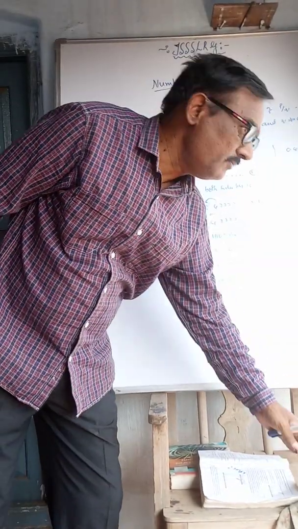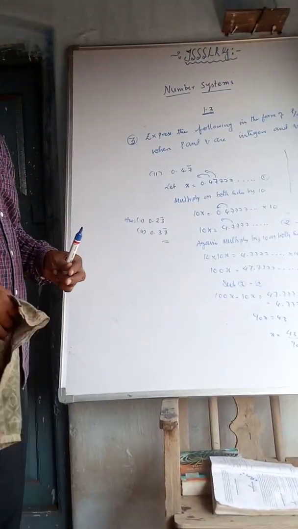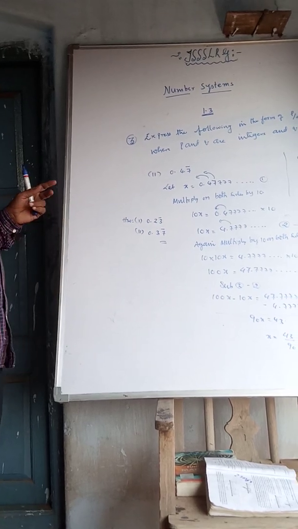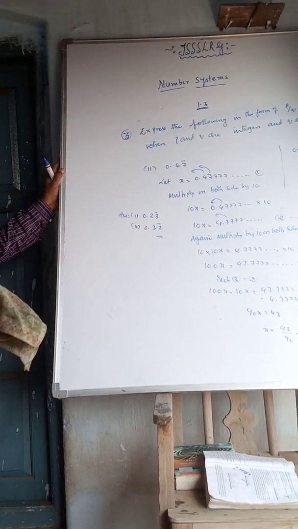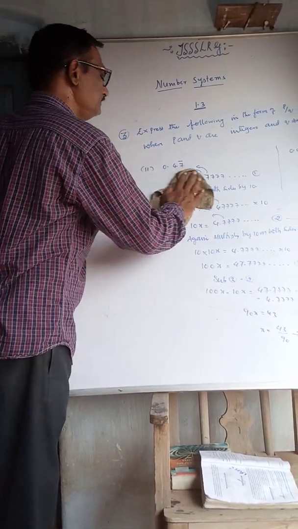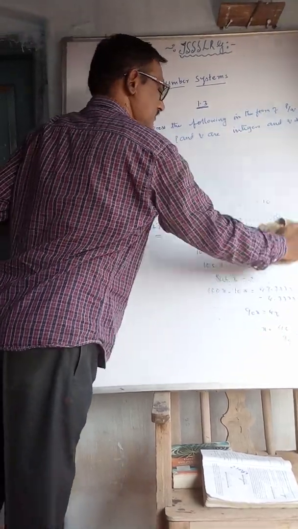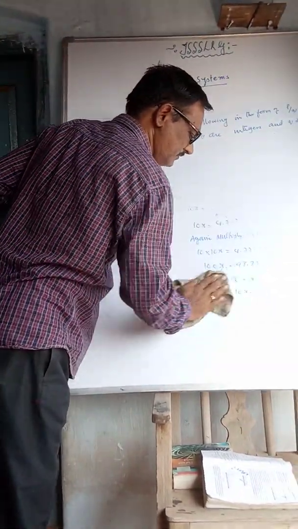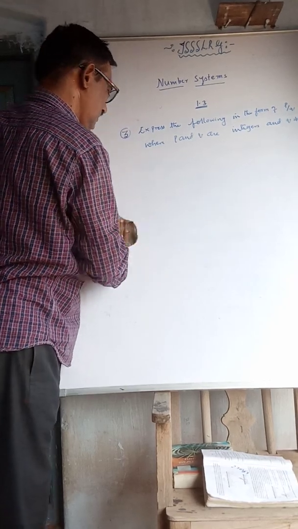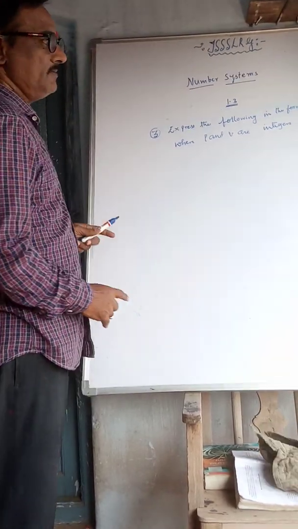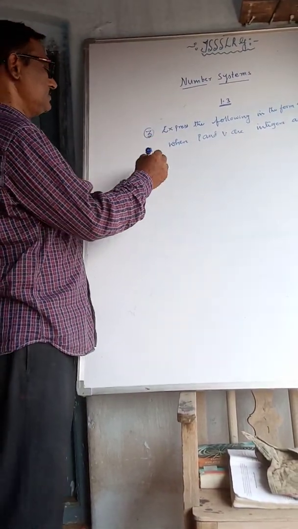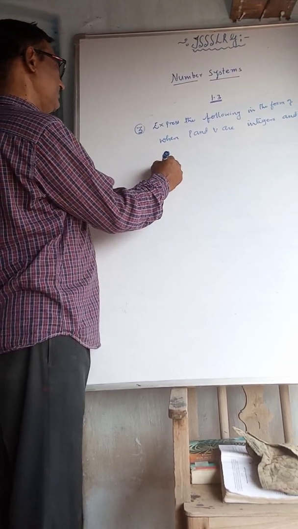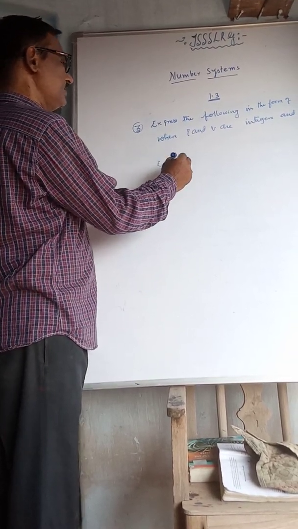Suppose the bar is given for both of the numbers. How are we going to work this out? That we will see now. In any problem, if the bar is given for both of the numbers, say for example, it is an example problem for you.